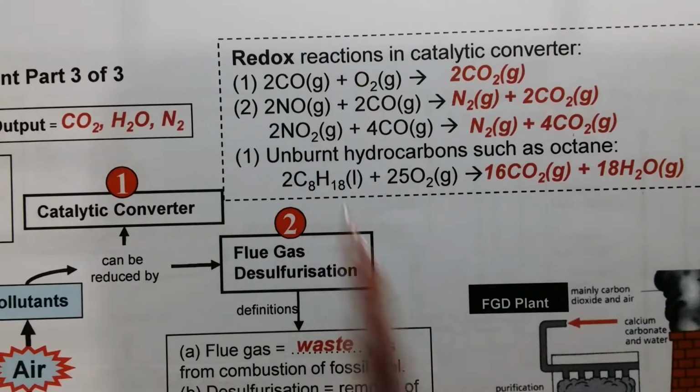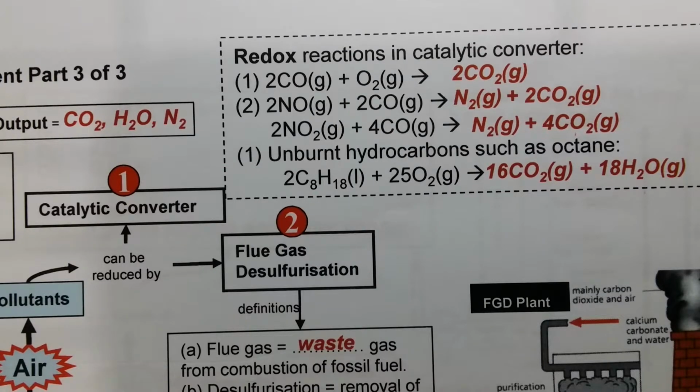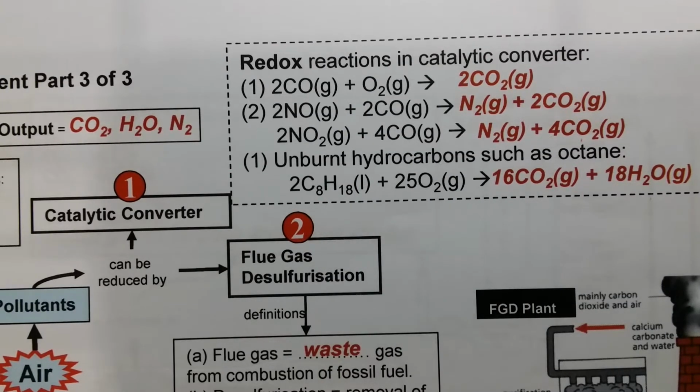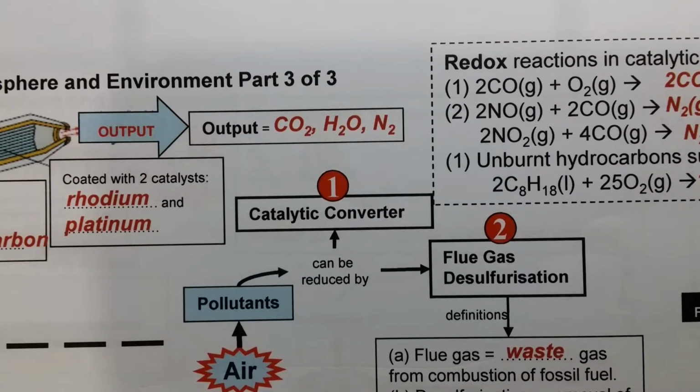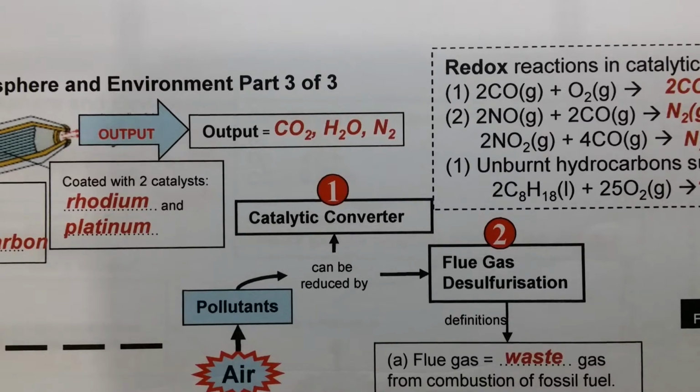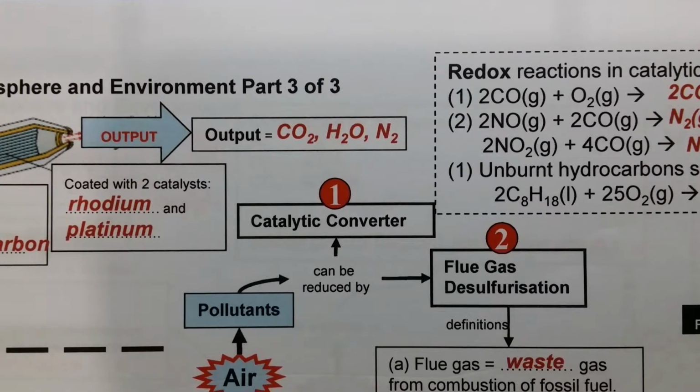All these are the redox reactions that take place in the catalytic converter that turn air pollutants from the car engine into less harmful gases, or non-air pollutants such as carbon dioxide, water, as well as nitrogen.